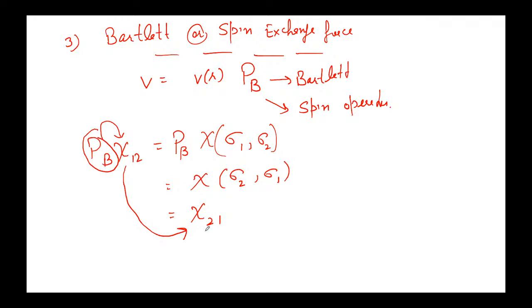For two particles of half spin, there are three symmetric spin states, which are known as the triplet state, and a singlet state, that we will discuss in further lectures.